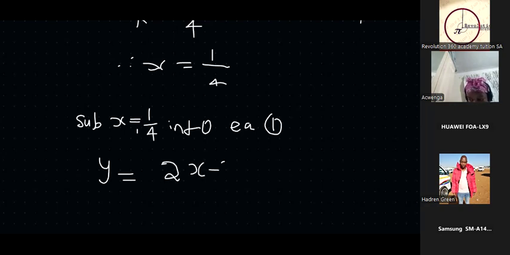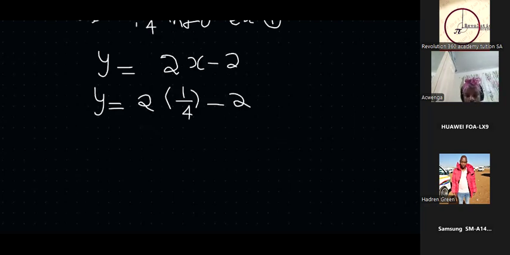Then y equals 2, in the place of x I put 1 over 4, minus 2. What do you get? Negative 3 over 2. Yes, correct. Then you also substitute the other x.